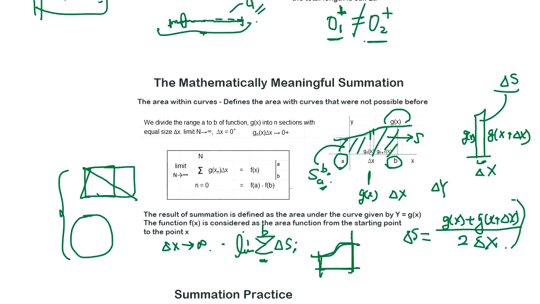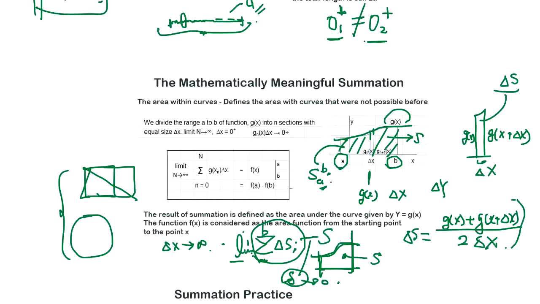Now in calculus, we define the area this way, because what happens is if you take a limit, the difference between this approximation and the area, which we call the error, becomes 0. So pretty much this is going to be the area.